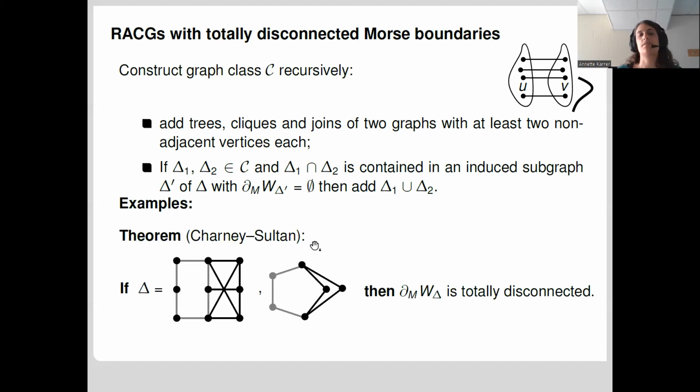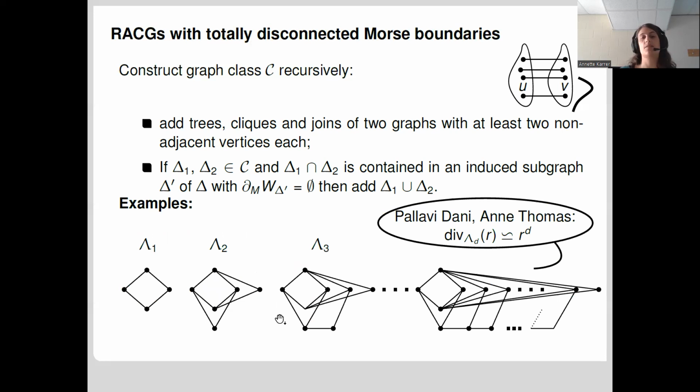Here are some examples which lie in this class. Here, Charney and Sultan studied this graph, and this graph is very similar to the first graph. And we see that we can decompose this graph into a tree and a join graph, which corresponds to an empty Morse boundary group. And it has totally disconnected Morse boundary.